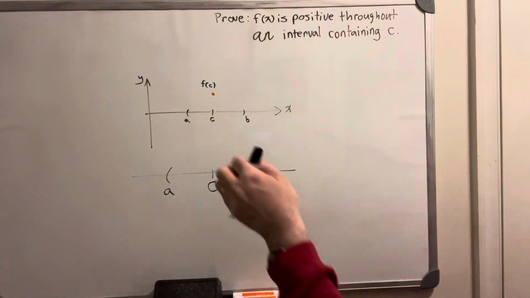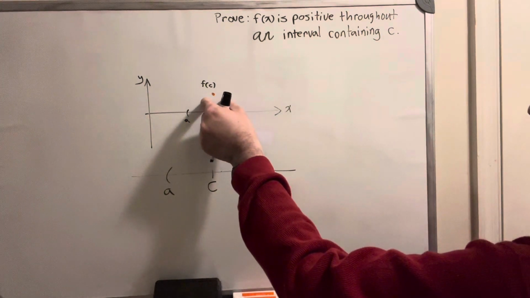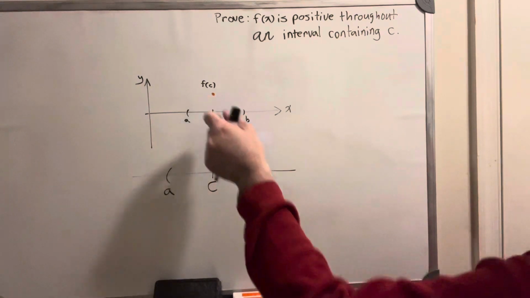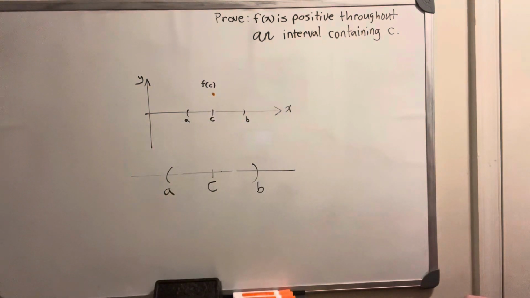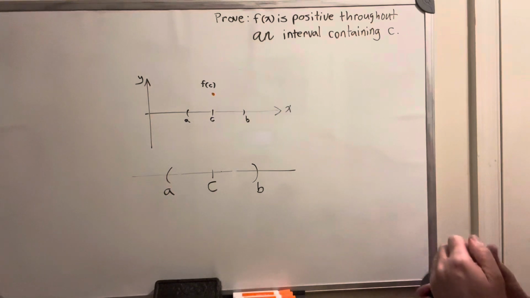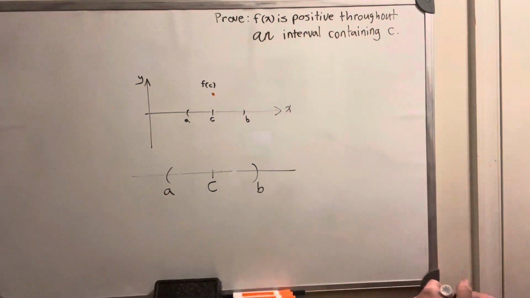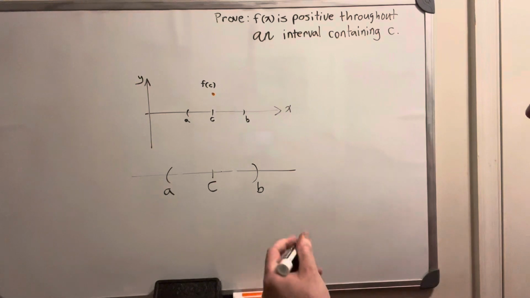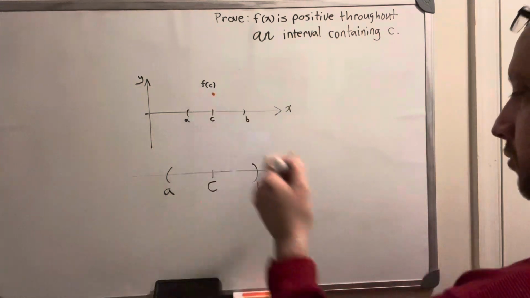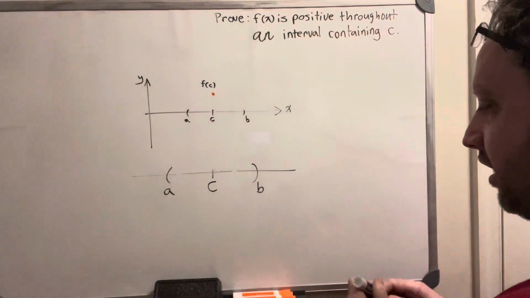And as I was saying a moment ago, there could be other intervals within that contain c. So before we do any type of proof, let's just look at, and this is not a proof, let's draw possible functions.